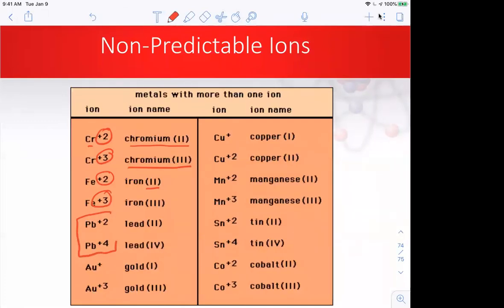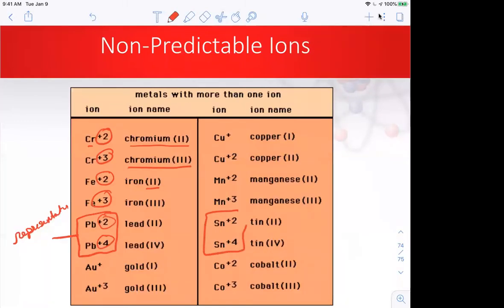Lead is a representative element, but it forms different charges. So even though it's a representative element, this is a multivalent atom. Lead can either lose 2 electrons to form a +2 or lose 4 electrons to form a +4.